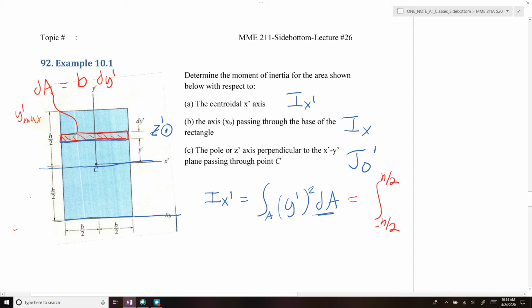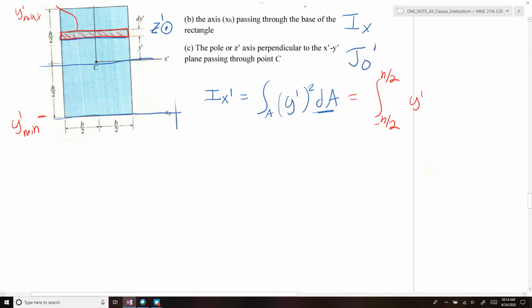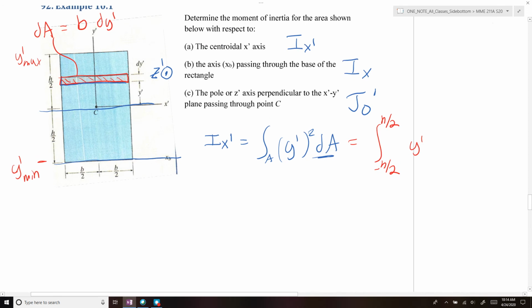Then we'll still have y prime squared times b, which is just a constant, times dy prime. So we can say that I of x prime in this case will be b times the integral from minus h over 2 to h over 2 of y prime squared dy prime.